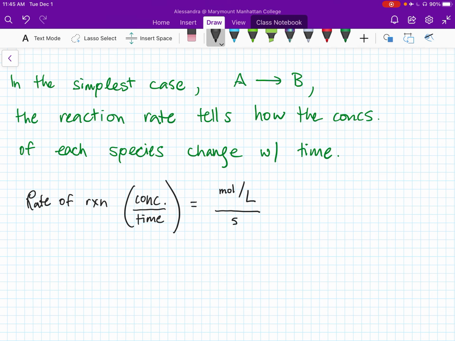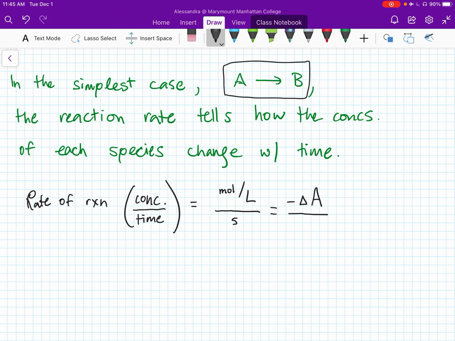Now, we're talking about reactant A and product B in this very simple example. So you start off with reactant A, and over time, you're going to have some change in the concentration of A. So that little delta means a change in the concentration of A. Since A is the reactant, it's going to be decreasing in concentration. So I'm going to put a negative sign there.